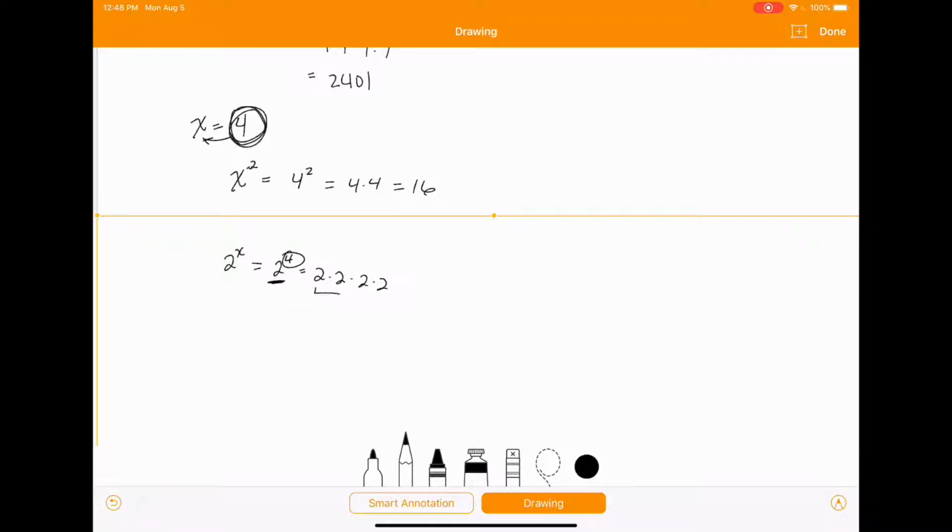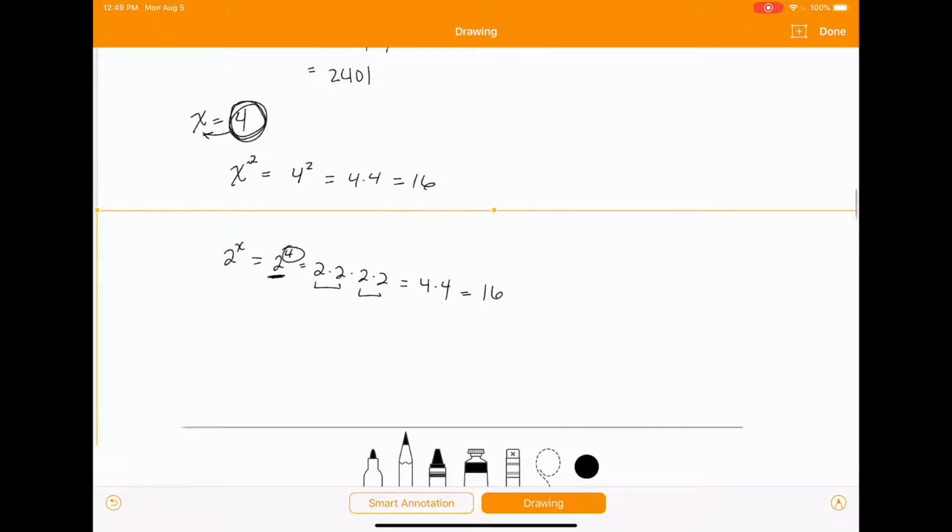So if we do these times each other, we're going to get 4 times 4, which is 16. So that's really all the information we've got on powers and exponents.